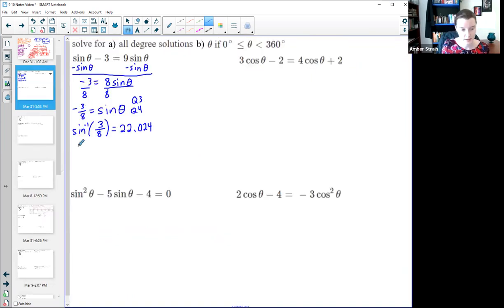Okay, so I take quadrant 3, 180 plus that 22.024. And for my quadrant 4, I take 360 minus that 22.024.